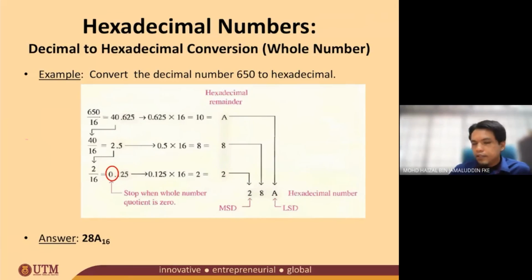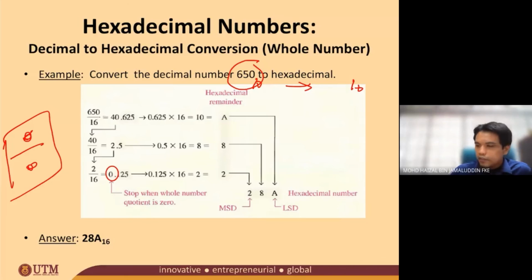So example here. So you have 650.625 decimal, you want to change to hexadecimal. So you know you need to do the division here, bahagi, for the whole number.